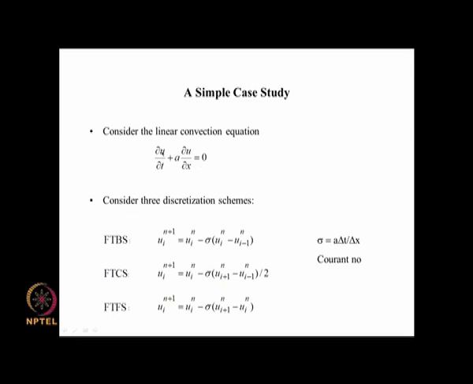So you have u i n plus 1 minus u i n divided by delta t plus a times u i minus u i minus 1 by delta x equal to 0, and that can be rearranged to give a straightforward expression: u i n plus 1 equal to u i n, which is coming from the time derivative, minus, when we take this to the other side, sigma, which is known as the Courant number, after a famous mathematician who brought out the Courant number criterion for stability, and this is a times delta t divided by delta x.